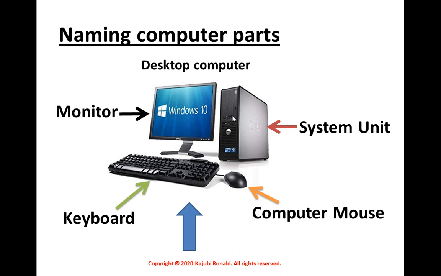So those are the parts. This part here is the one we call a monitor. This one is called a system unit. This one is called a computer mouse. And this one is called a keyboard.